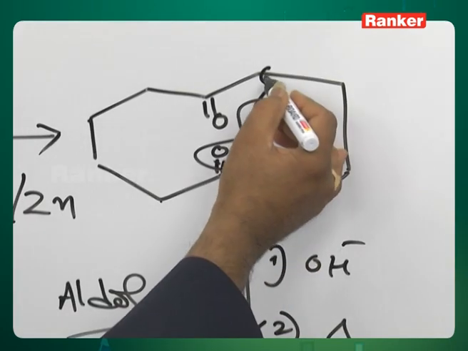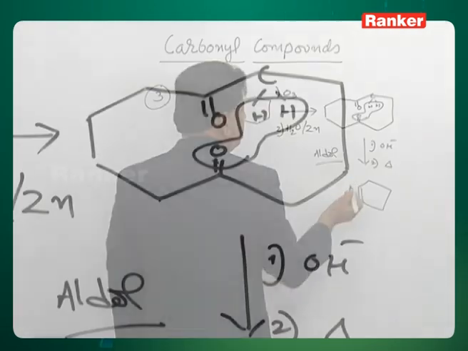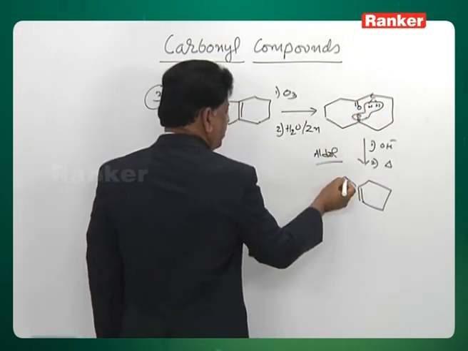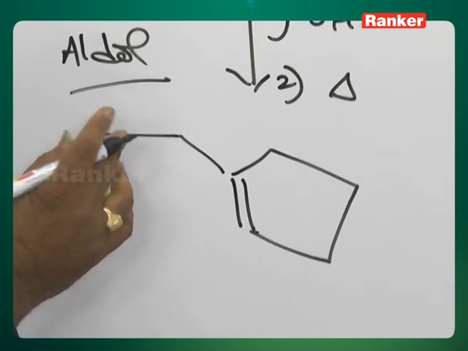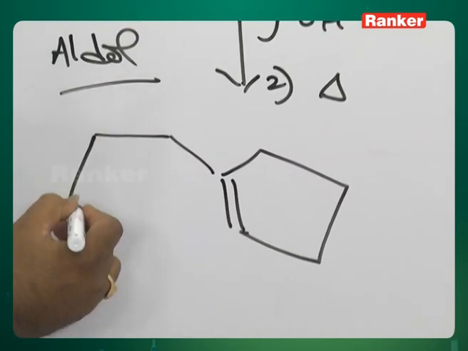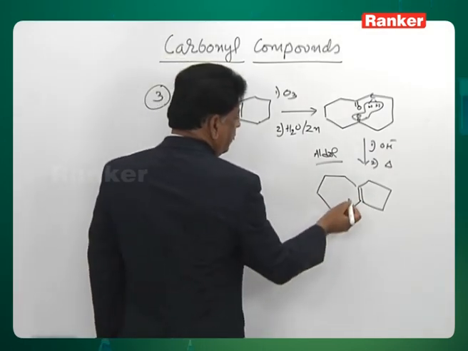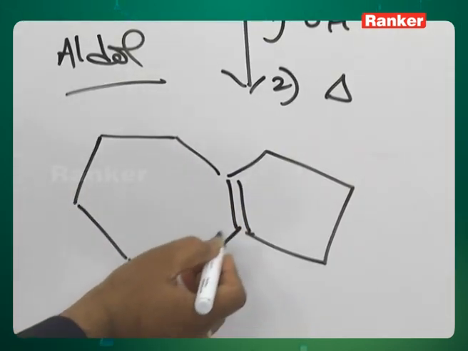This side is 1, 2, 3, 4, 5, 6, 7, so a 7-membered ring.